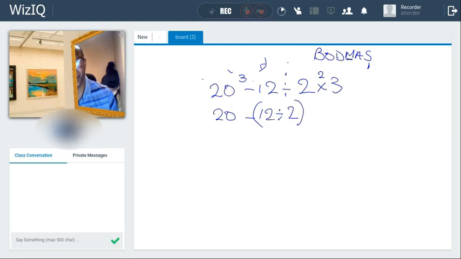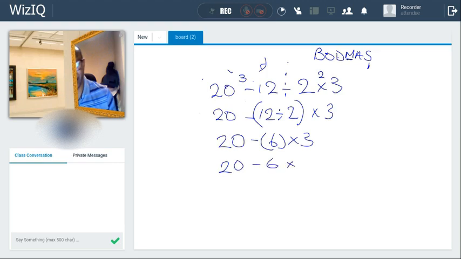I'm going to put a bracket again, then multiply by 3. So then I'm going to have 20, subtract 6, and then I'm multiplying by 3. So then I have 20 minus 6 multiplied by 3.